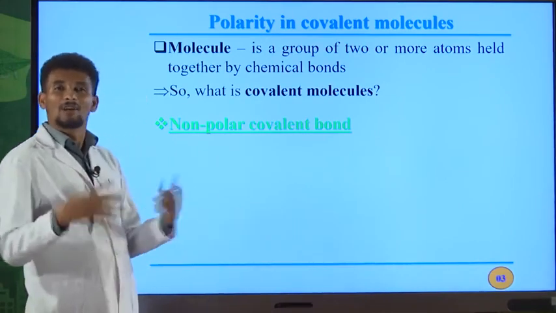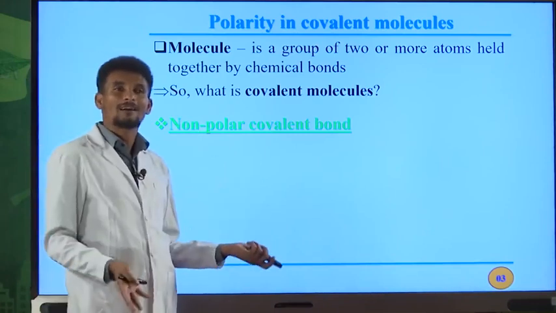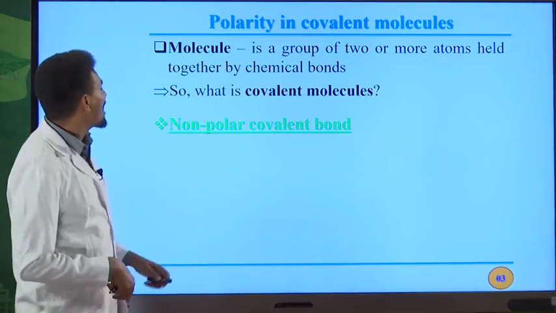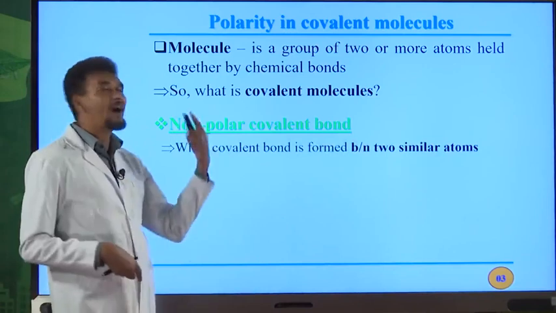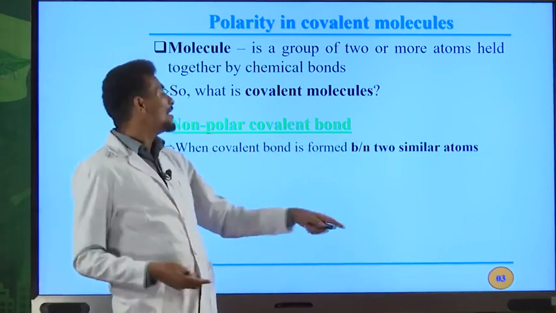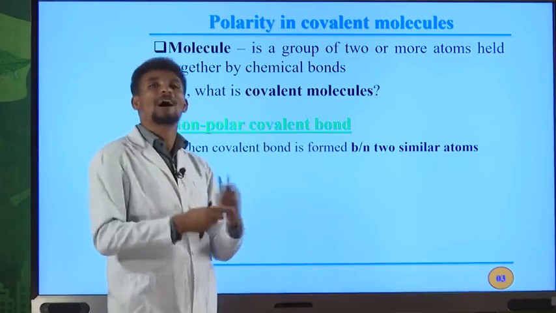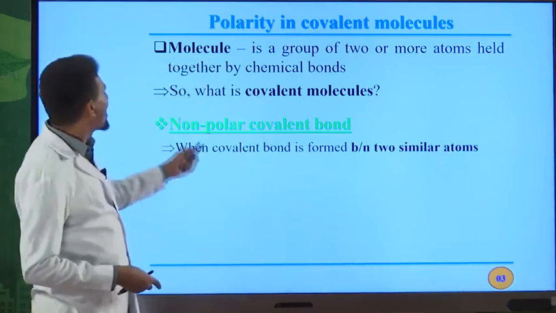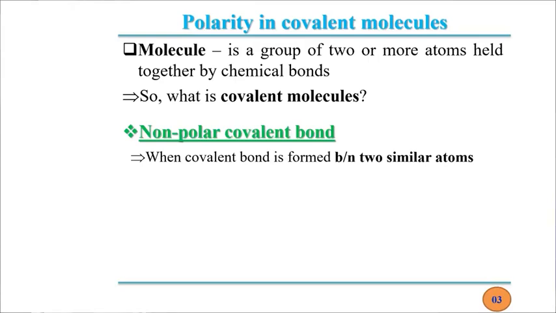How can we know whether the bond is polar or non-polar? If the electrons are equally shared between two similar atoms, the bond formed between these two atoms is known as a nonpolar covalent bond. The covalent bond formed by equal sharing of electrons between two similar atoms.